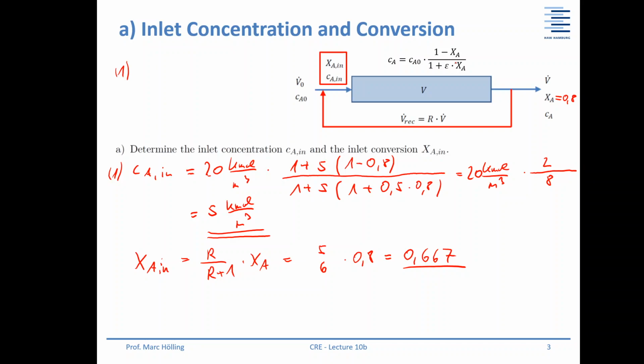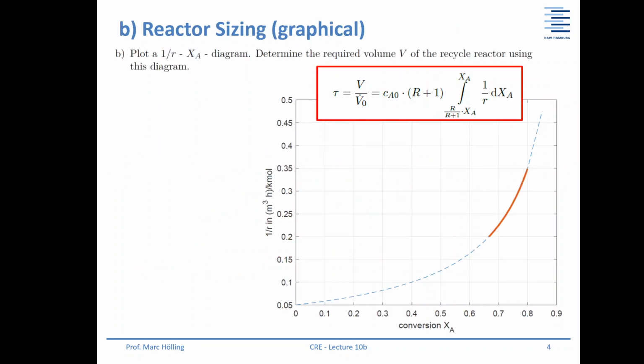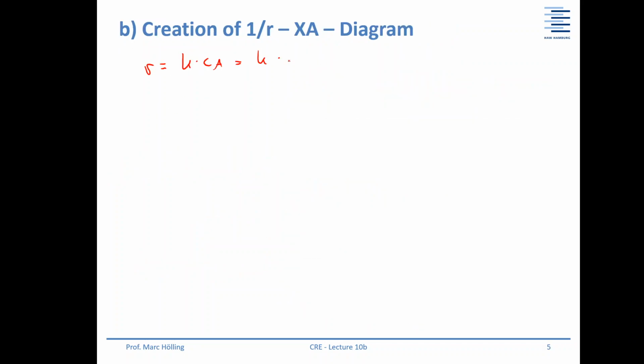So we just have to put in these correlations. So this is our starting concentration times 1 minus XA over 1 plus epsilon XA.